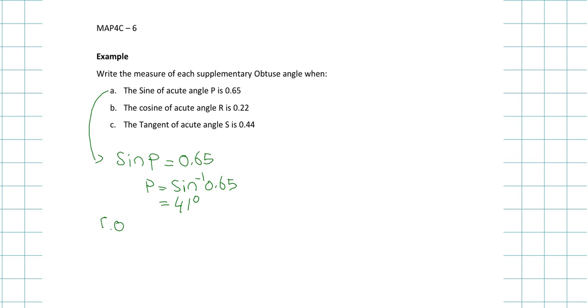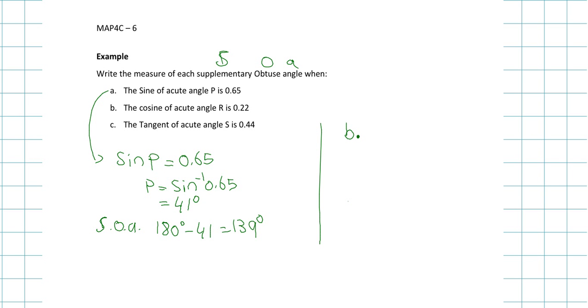139. Supplementary obtuse angle. Okay, so SOA, and it's SAA for acute, because I'm too lazy to write it all. So the cosine of the acute angle R is 0.22. So that's telling us cos R is 0.22. What do I need to find? First, I have to find angle R. And how do I do that?